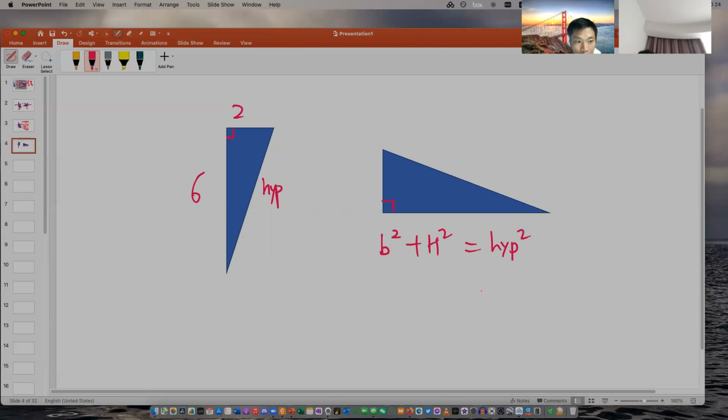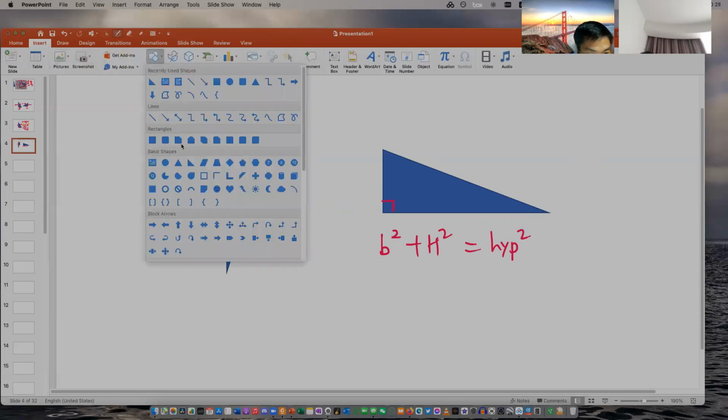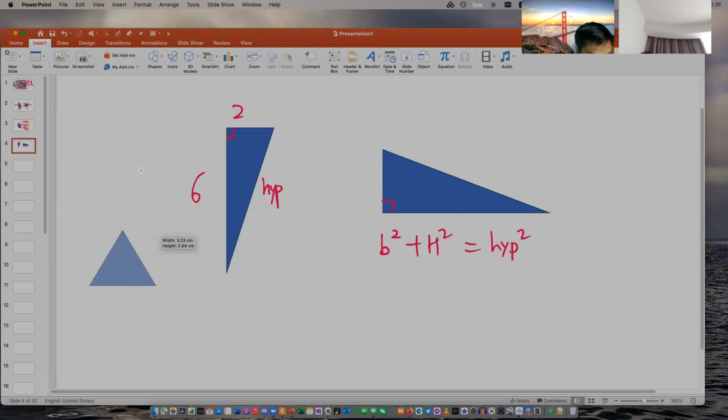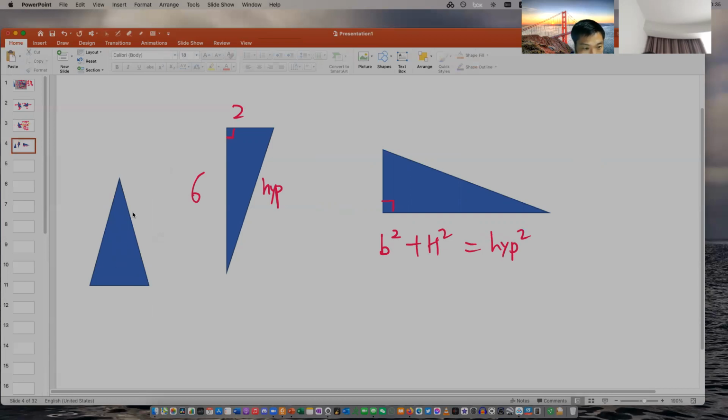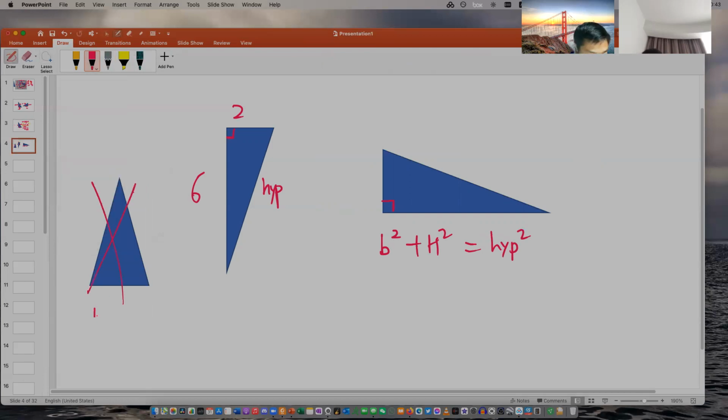So what if you have a normal triangle? Let's say you have this triangle. What do you think? Can you use this formula on this? The answer is, you cannot, because this is not a right angle triangle.